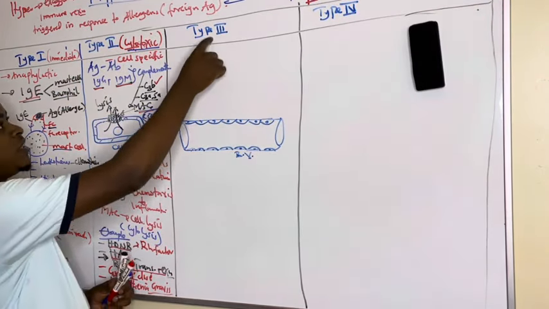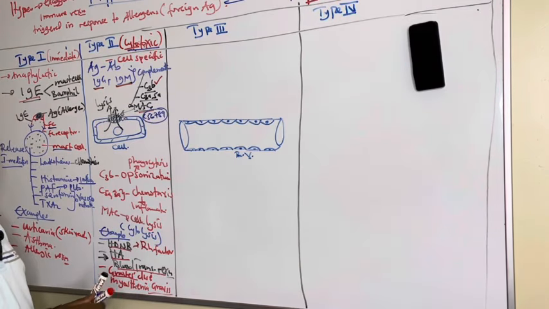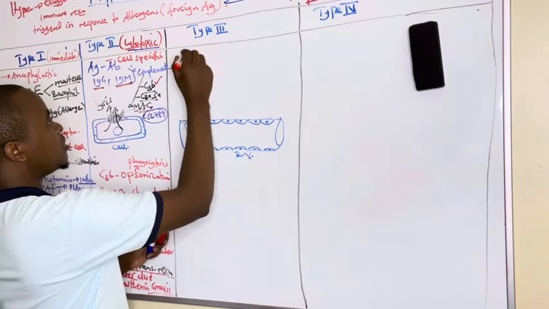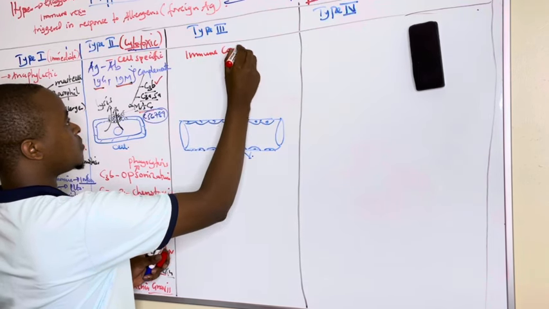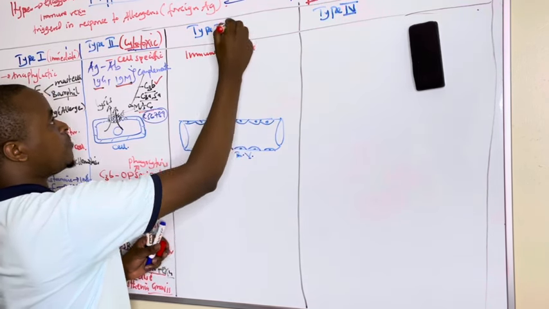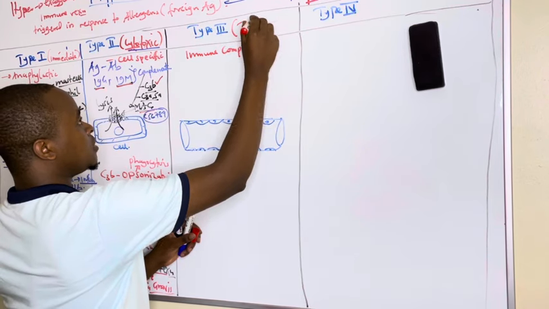Then type 3 hypersensitivity reaction, this is immune complex, sometimes we call it immune complex. And this type of reaction is tissue specific.